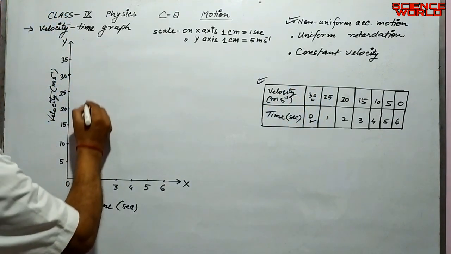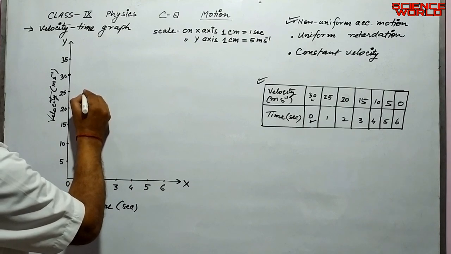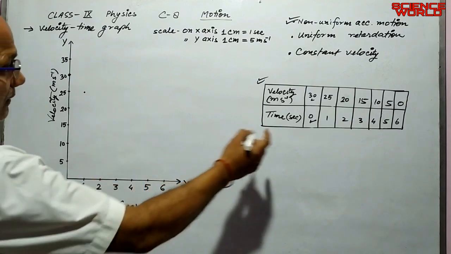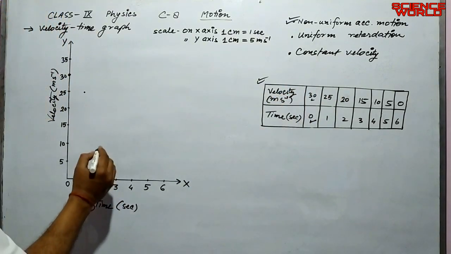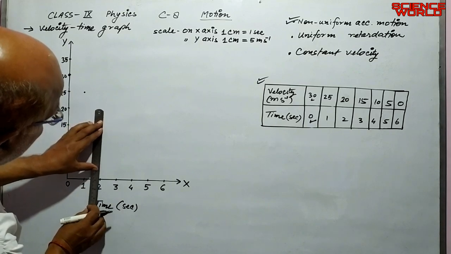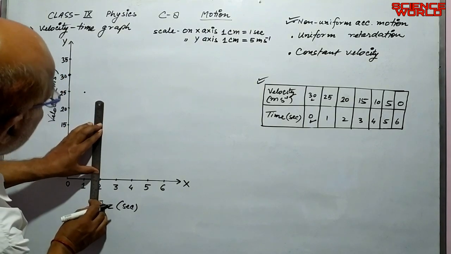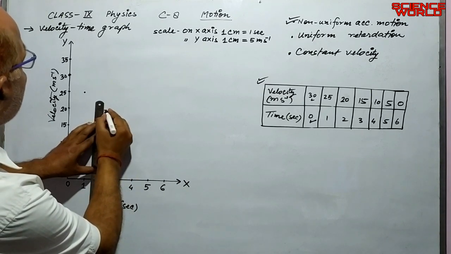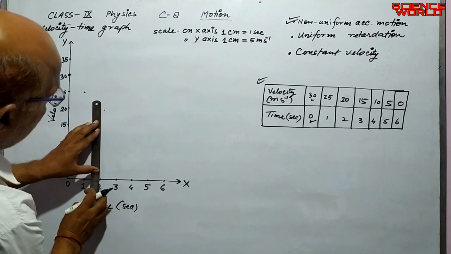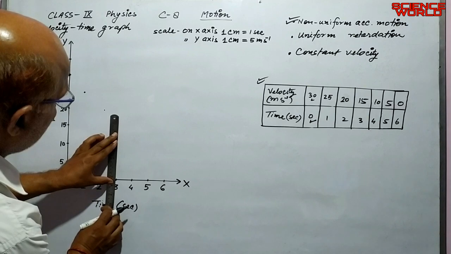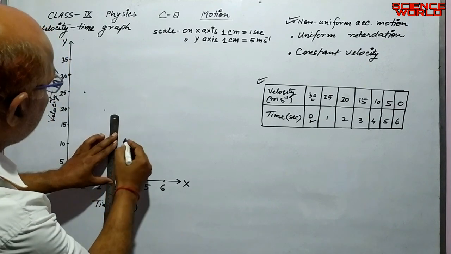So, at this time the velocity is 25 meter per second, and when time is 2 second, the velocity is 20 meter per second. So, at this time the velocity is 20 meter per second, and when time is 3 second, the velocity is 15 meter per second.